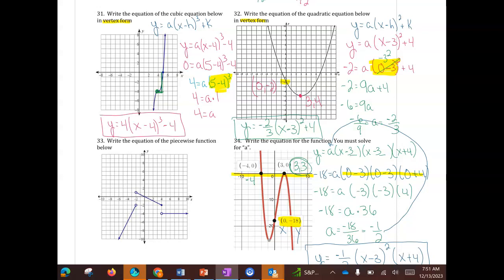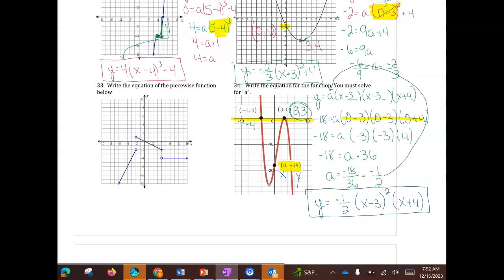And if you can get to a nice point, like I can here, I'm moving up 4, that can become my a value. That unfortunately does not happen over on problem 32, because when I go over 1, I can't go up a nice amount. I can go up, but it's some decimal amount that I can't see.